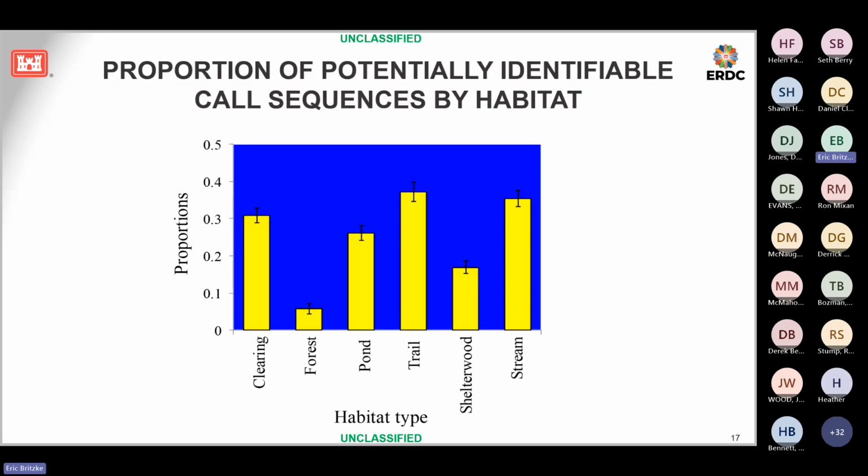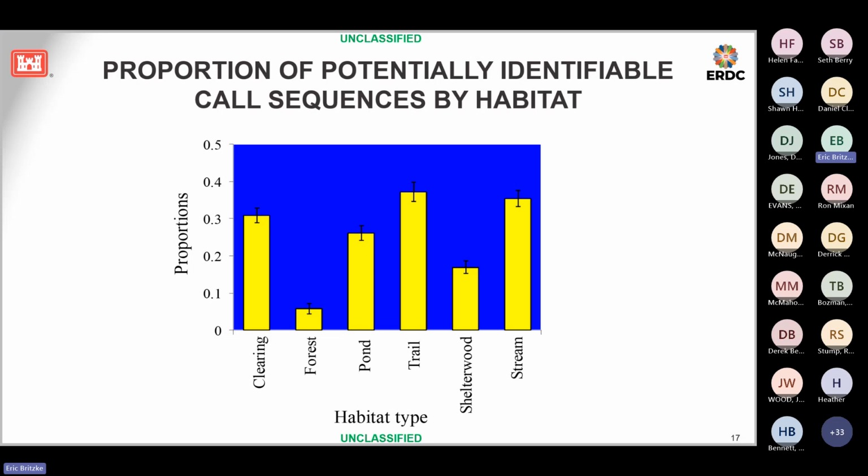So here's an example. This is old data, but the idea is when we filter, we've got to try and identify some things as not identifiable in the process. If we look at the proportion of sequences that are identifiable, so that survive the filtering process, you can see it varies for different habitat types. What's important here is not necessarily the specific number.